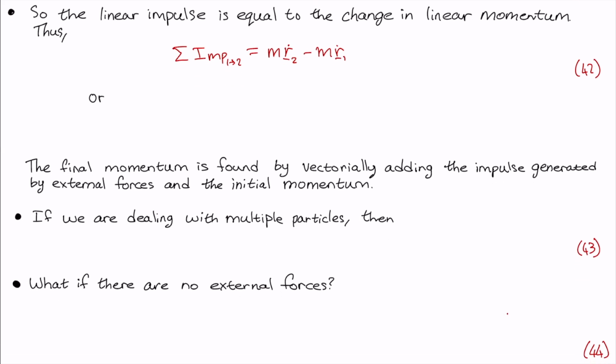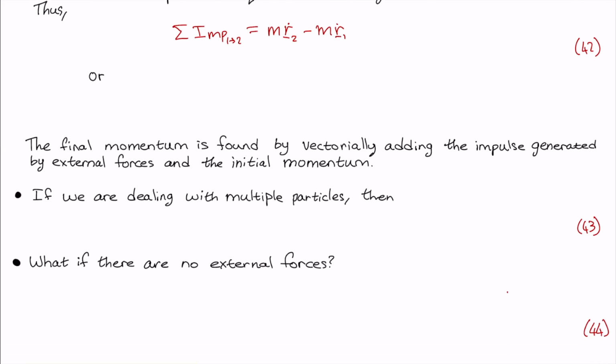Or, rearranging, we can write this as m r2 dot is equal to m r1 dot plus the sum of the impulses from 1 to 2.